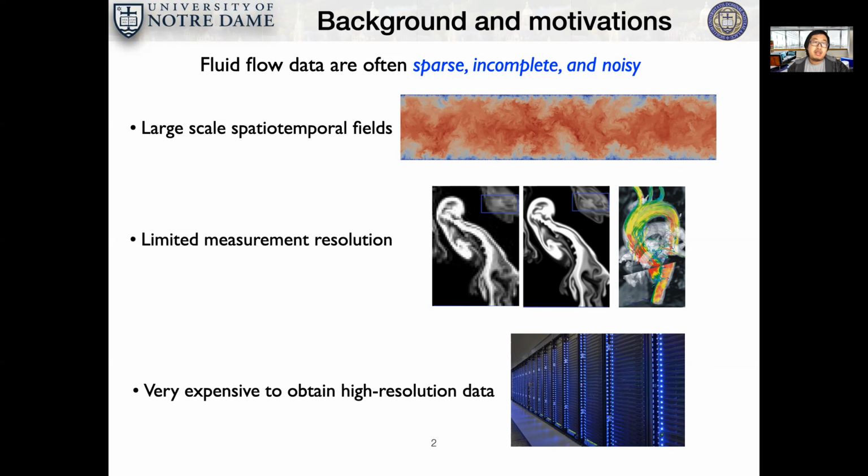The second reason is that data resolution is often limited by the capability of the measurement techniques. For example, 4D flow MRI, magnetic resonance imaging, has been widely used to quantitatively study cardiovascular blood flows.